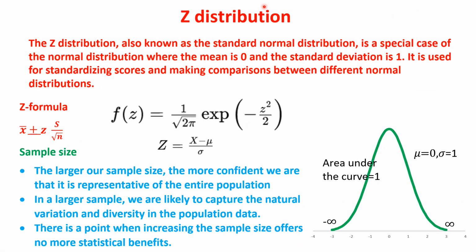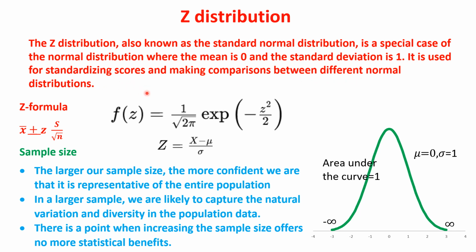What is a Z distribution? It is also known as the standard normal distribution. You can say it is a special case of the normal distribution where the mean is 0 and the standard deviation is 1. Mu is 0 and standard deviation is 1. So why is it used? For standardizing scores and making comparisons between different normal distributions.